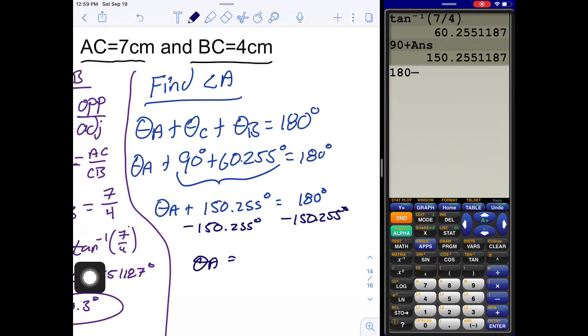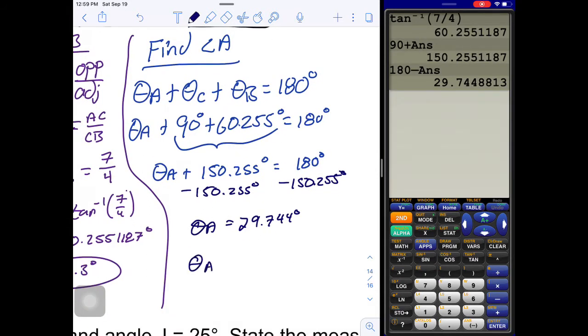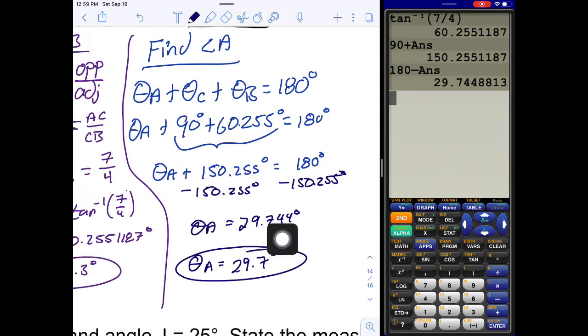So I'm going to do 180 minus, and I'm going to press second, ANS, because my last answer was the number I want to use. That's going to give me 29.744 degrees, and I'm going to round it to one decimal place. So this will be 29.7 degrees. I don't round 7 up because 4 is less than 5.